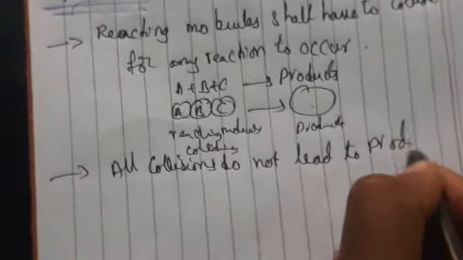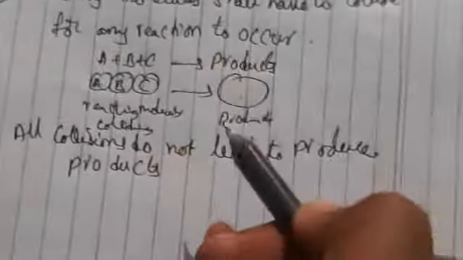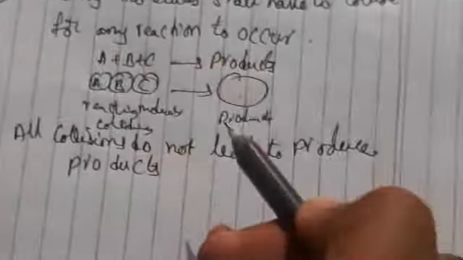They do not always produce products. Only a fraction of the total number of collisions leads to reaction. A fraction means 1 by 2, 3 by 2. Only that part of the total number of collisions leads to reaction, and that we call fruitful collisions or effective collisions.